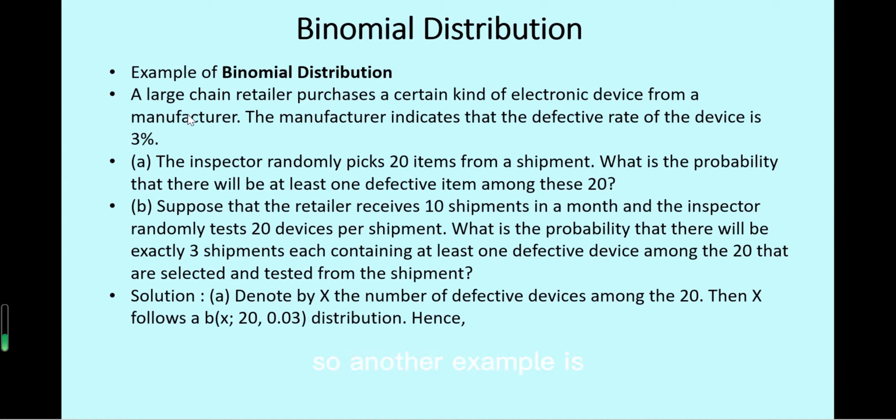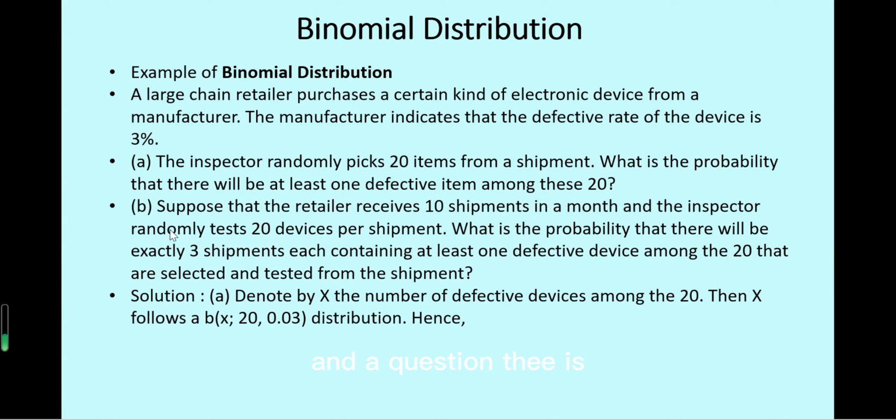So another example: a large chain retailer purchases a certain kind of electronic device from a manufacturer, and the manufacturer indicates that the defective rate of the device is 3%. Question A is, the inspector randomly picks 20 items from a shipment. What is the probability that there will be at least one defective item among these 20?